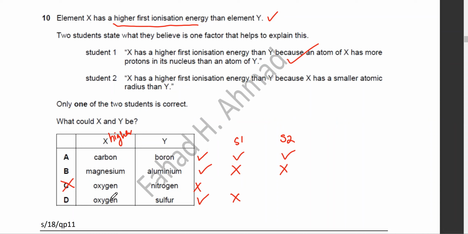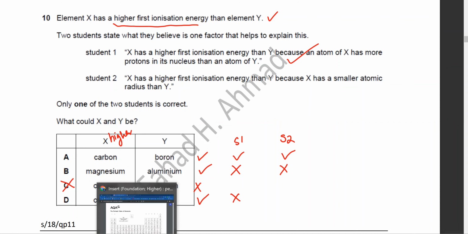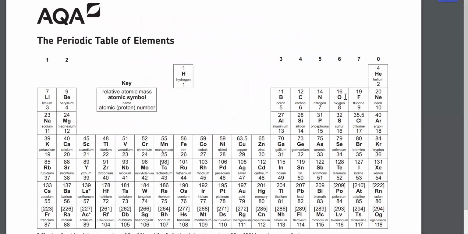What about the third one? Option D. Why does oxygen have a higher ionization energy compared to sulfur? Is it because oxygen is smaller compared to sulfur? Yes, oxygen has 8 electrons and sulfur has 16 electrons, so it's smaller. It's got one more shell.